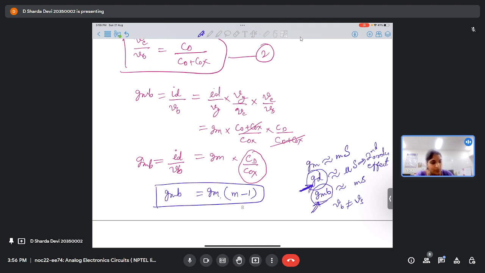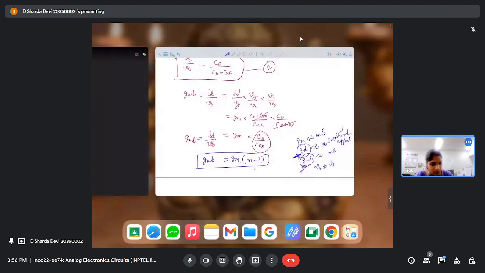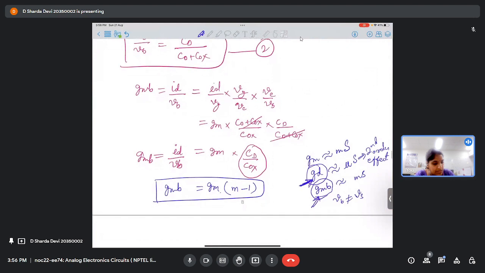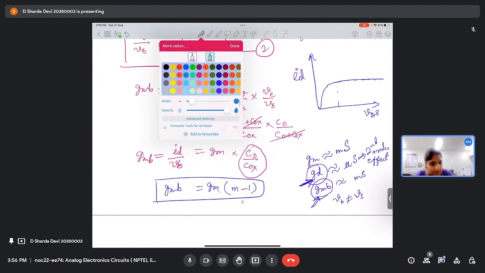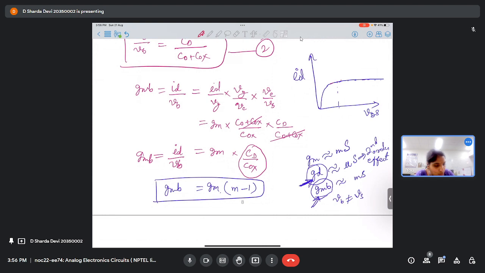And basically what I mean by second order effects is ideally ID versus VDS in saturation should turn out to be like this, right? It should be flat. There should not be any slope. But due to second order effects, what happens after this, it turns out like there is a slope.